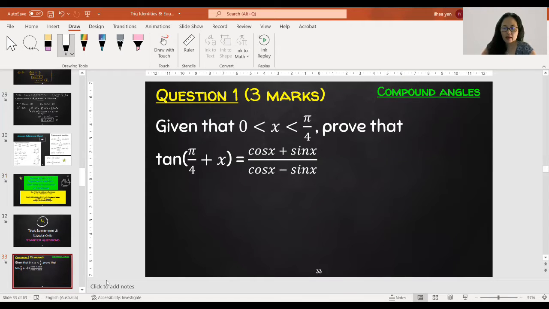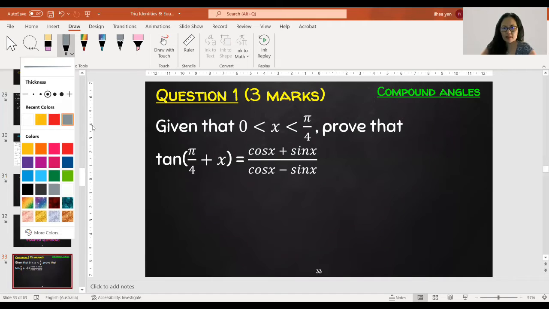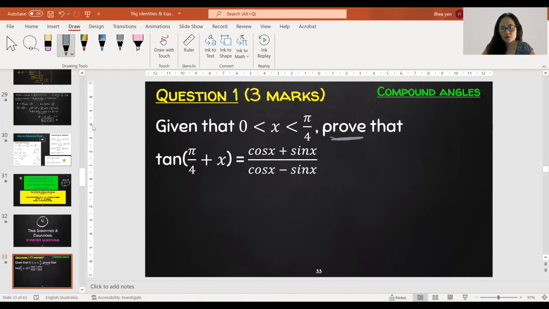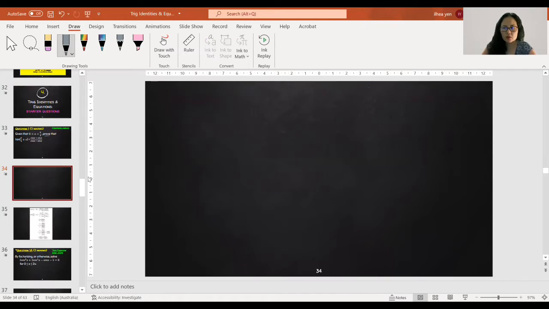So given that x, the angle, is between 0 and 45 degrees. Now this is a proof question, so be very careful about this proof: left-hand side equals right-hand side. Because it's tan of pi on 4 plus x, I'm going to use the formula for tan(a + b).